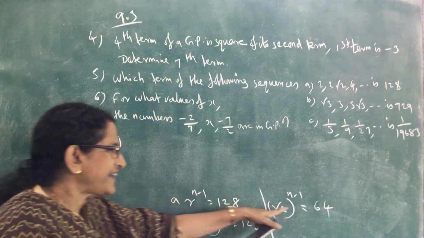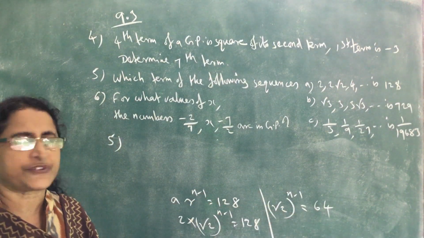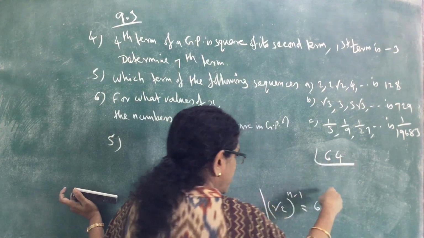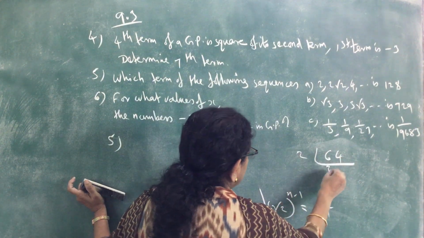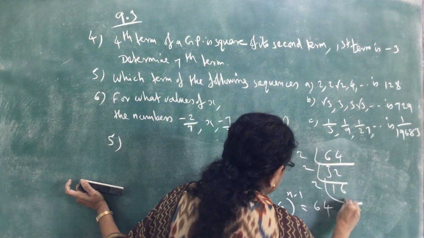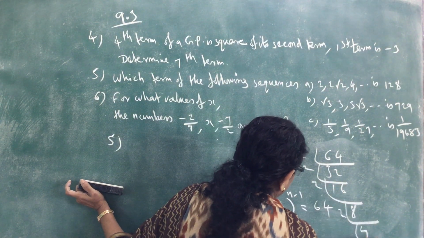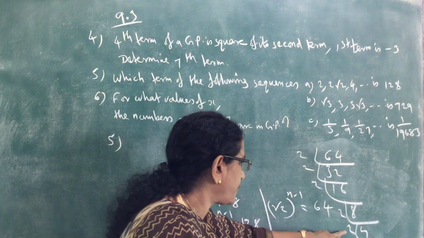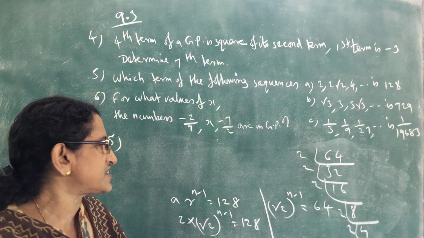Now we have to write 64 as a power of 2. 2 raised to what is 64? Find that. 64, that means 2 into 32, 2 into 16, then 2 into 8, 2 into 4, then 2 into 2. So how many 2's are there? 1, 2, 3, 4, 5, 6. So 2 raised to 6 is 64.